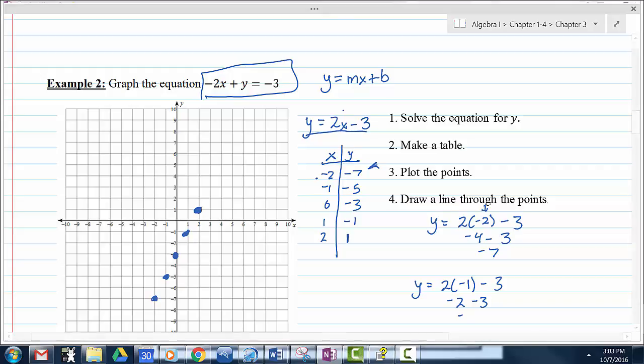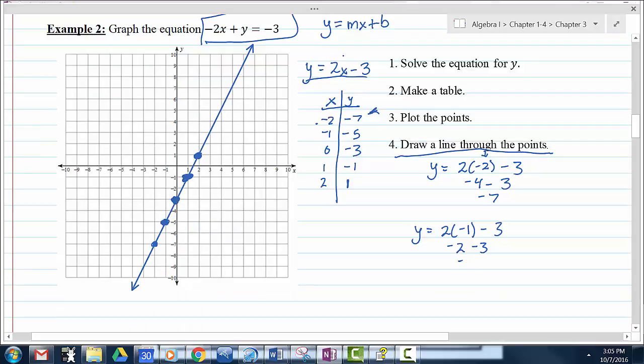When I plot the points and I draw a line through those points, like so, there's a line that goes straight through those points. And what each one of these points represents are solutions. Each of these points is a solution to this equation.